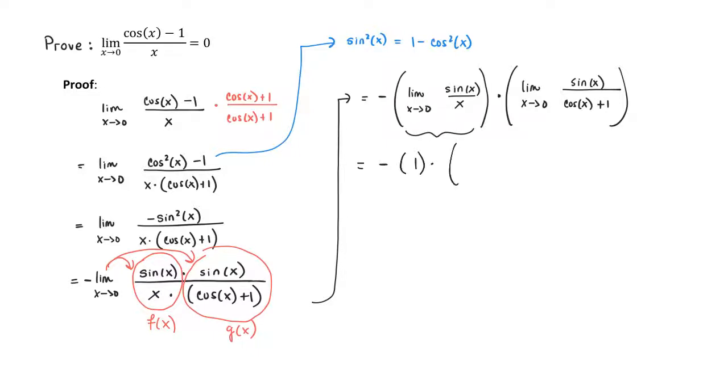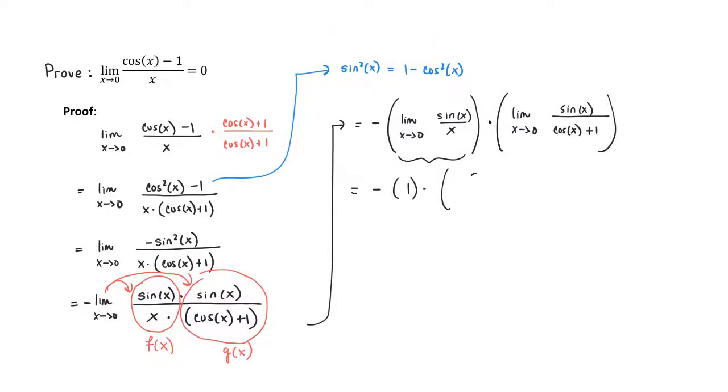And then in the second expression right here, because sine x over cosine x plus 1 is continuous, I can do a straight substitution of 0. So I'm going to have sine of 0 over the cosine of 0 plus 1.